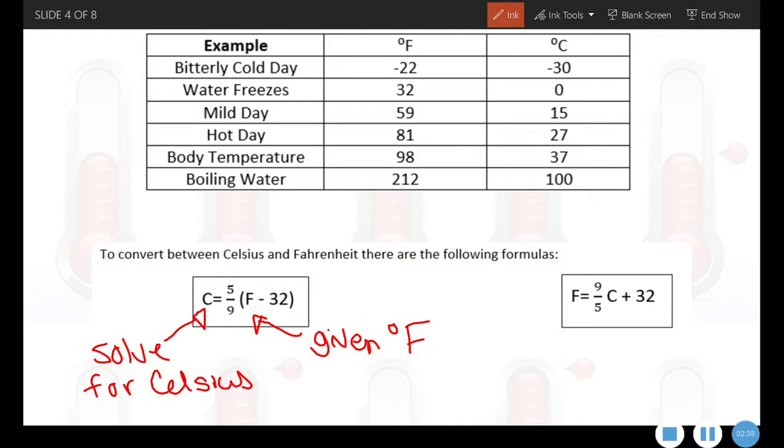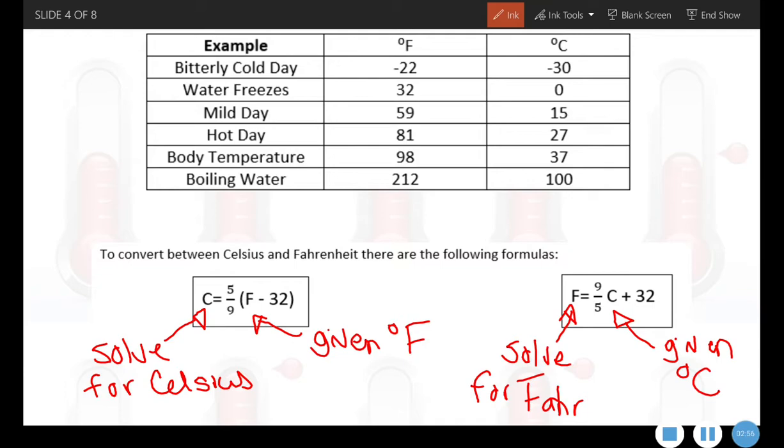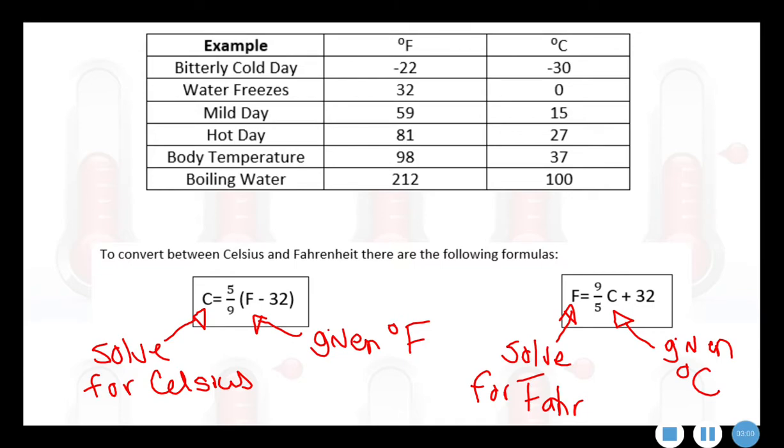The other formula is if you are trying to figure out what a particular temperature might be in Fahrenheit, and you are given the degrees Celsius. And so you would go 9 over 5 times that given degrees Celsius, and then you add 32 to that. So let's go look at a few examples.